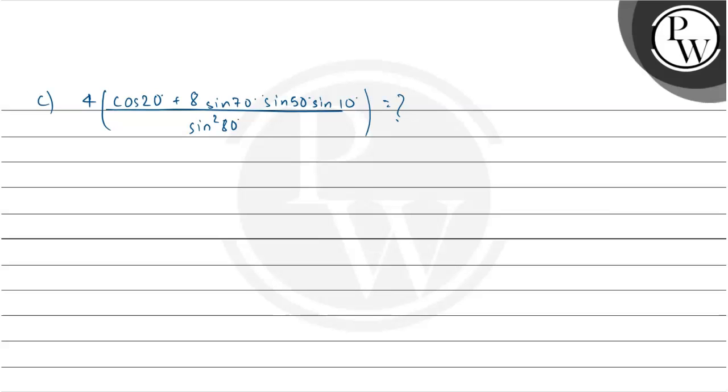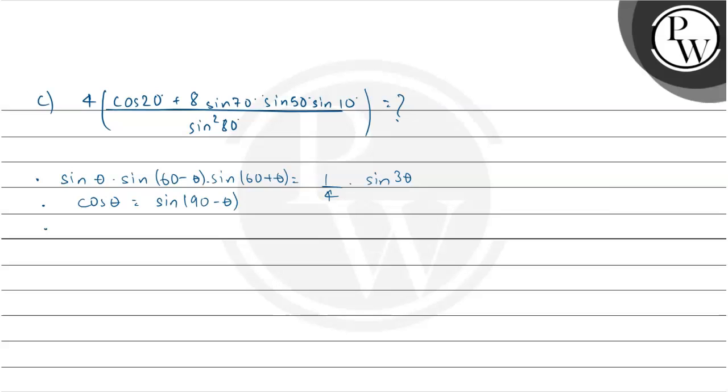So I'll be using some identities. The first identity that I'm going to use is sine of theta times sine of 60 minus theta times sine of 60 plus theta is 1 upon 4 times sine of 3 theta. The second identity is cos of theta is equal to sine of 90 minus theta.